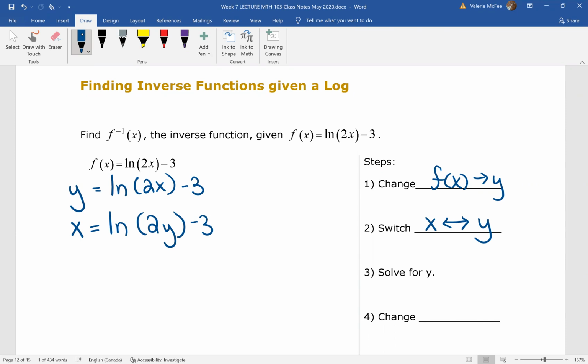Okay, we know in this case, if we're starting with a log, we're going to end up with an exponential function. We know that the ln, it's an L, remember, is log base e. Oops, that's a y there.